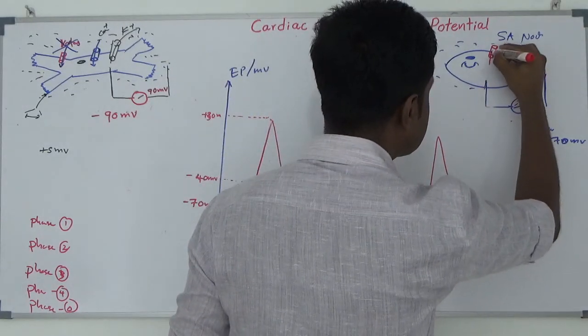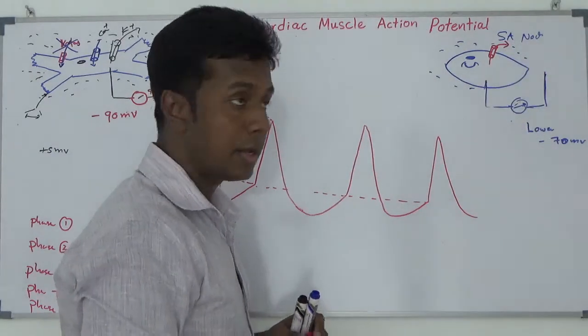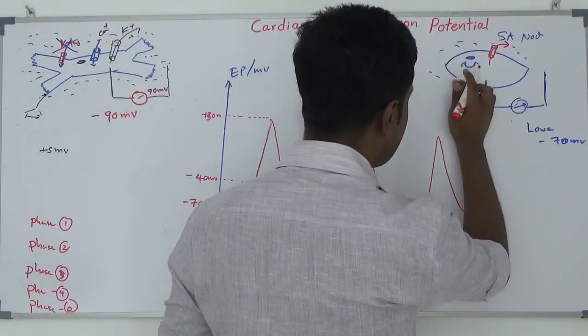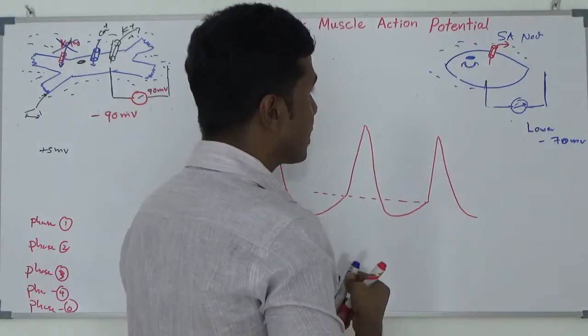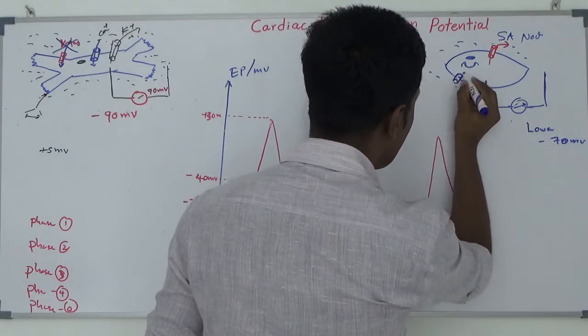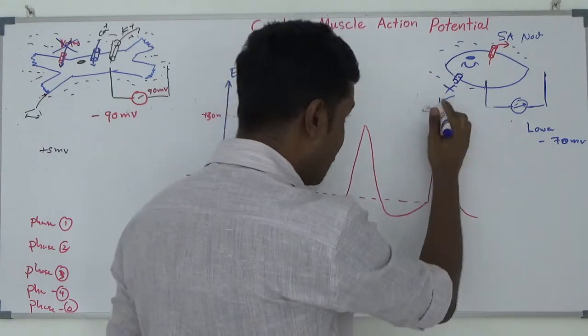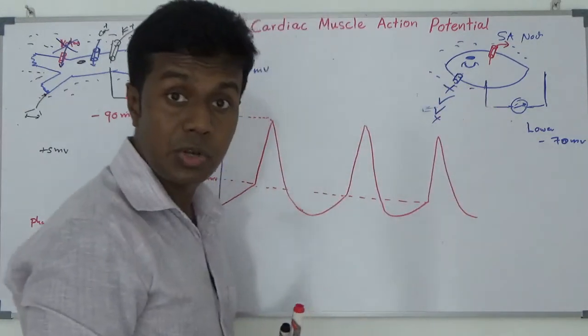What happens initially is that calcium slowly goes in. Those calcium channels transiently open and close. Opening, closing, transiently opening and closing.